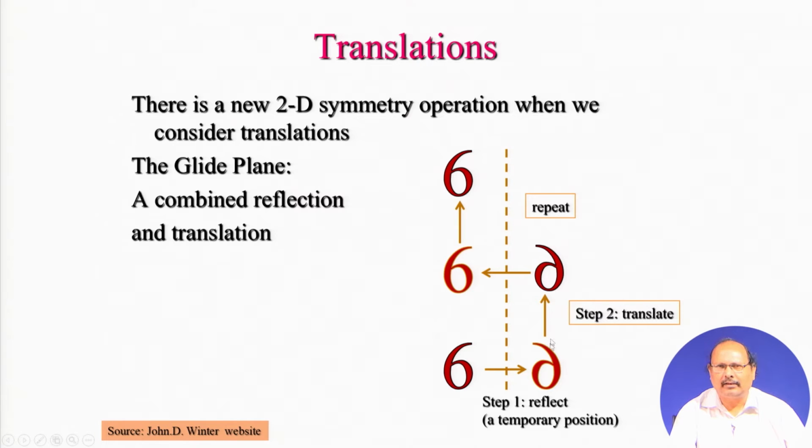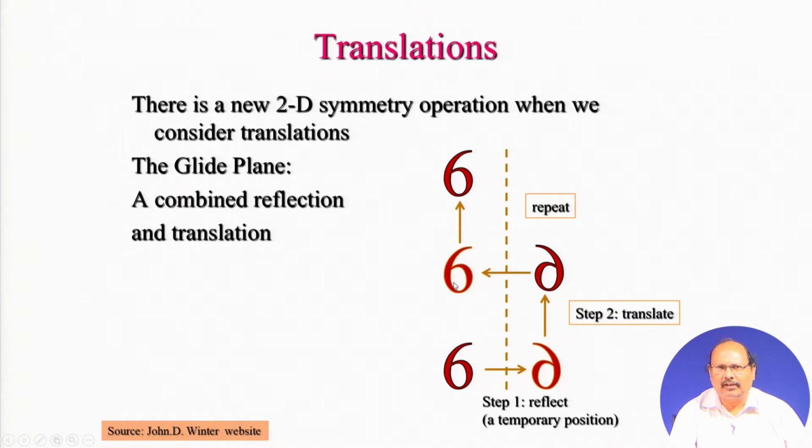Another set of reflection produces again 6 here, and it is translated along this direction, and this direction is half of the distance between this 6 and 6 here, and it produces a pattern, the inverted image of 6, but at a location here, and another motif of 6 here.